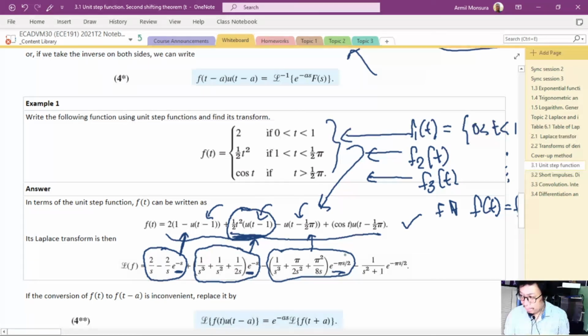For example, this negative pi s over 2 actually corresponds to a delay or a shift in your step function of 1/2 pi. So I hope you are able to recognize or observe that form.